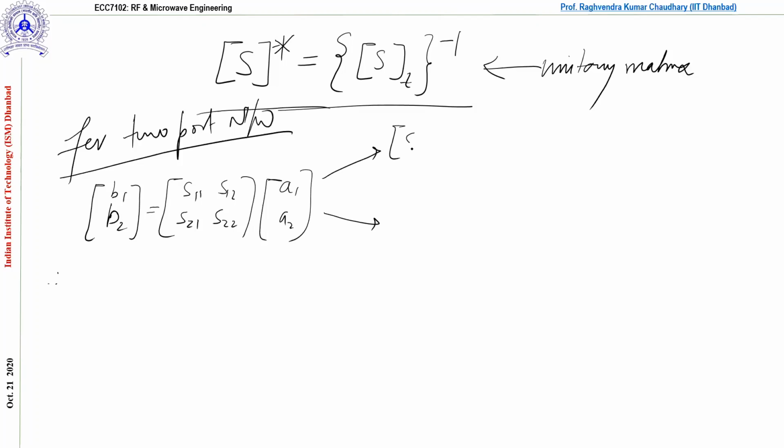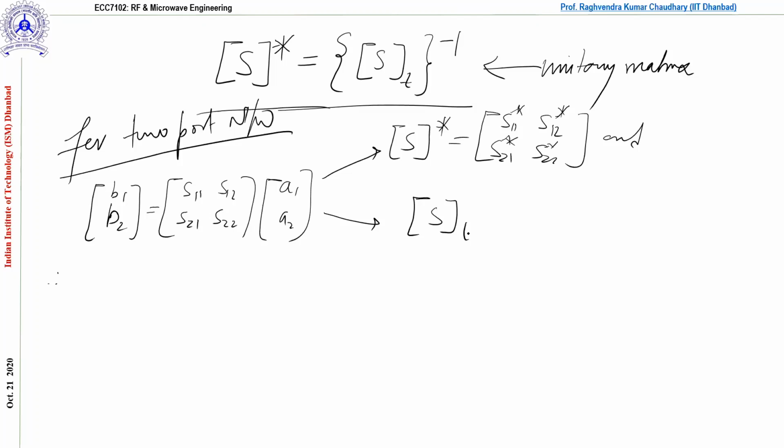So two things we have to manage. One is S star. So if you write S star, this is S11 star, S12 star, S21 star, S22 star, and S transpose.